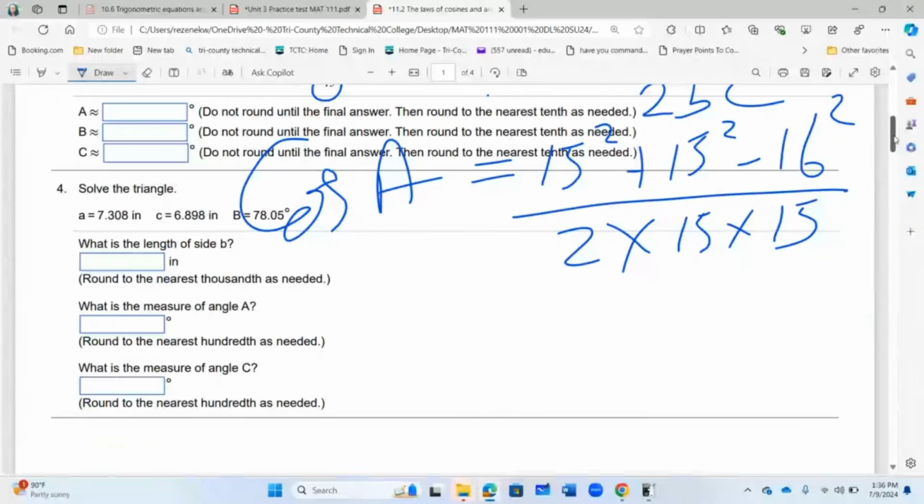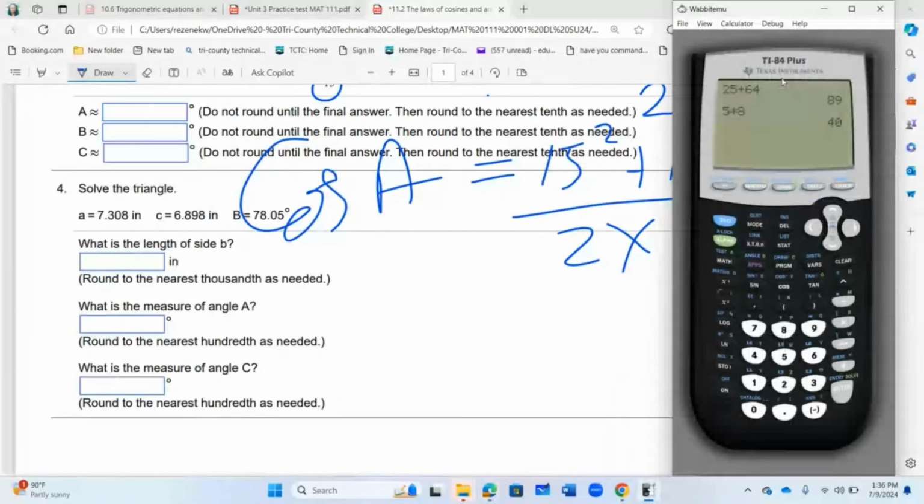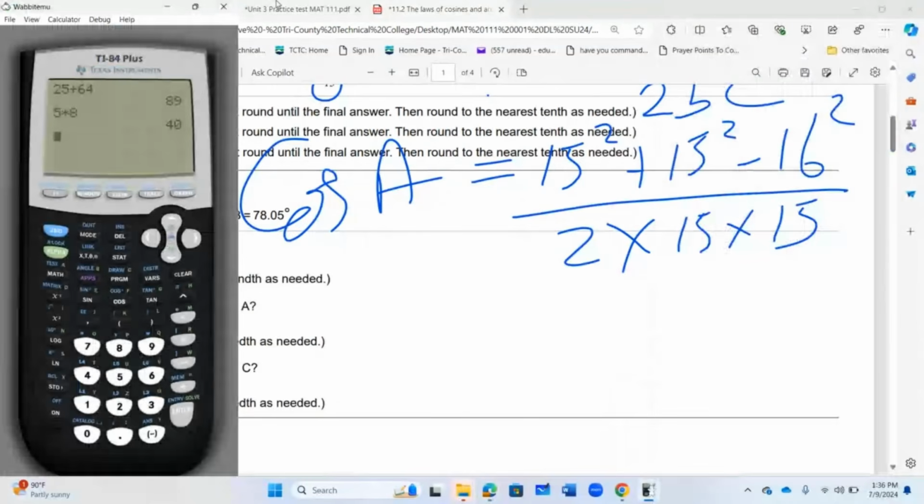So I'll get my calculator and put everything on the right-hand side.